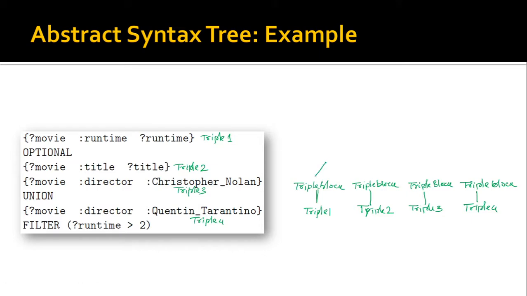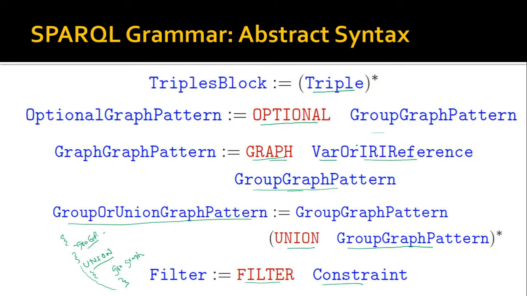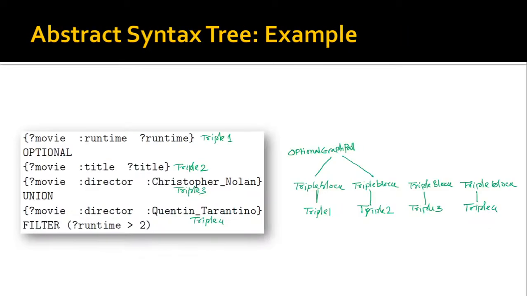So they are talking about the optional graph pattern, right? So they are connected via optional graph pattern. So you have used something else, maybe, yeah, optional graph pattern. And these two triple blocks, they have been connected via union graph pattern, right?